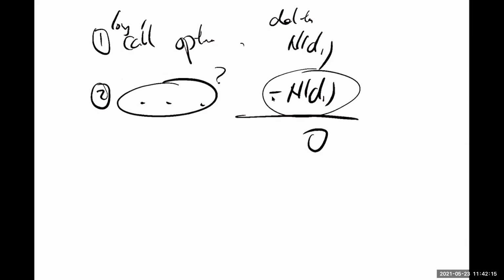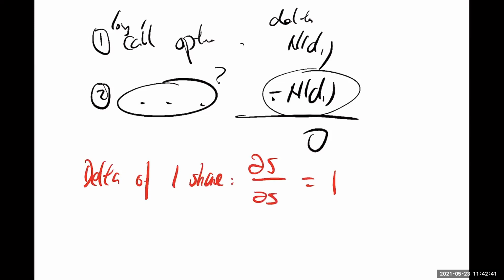What else can you do? Alternatively, you can long a put as well, but that will change your gamma again. So what's going on here is recognizing what the delta is. What's dS? 1.